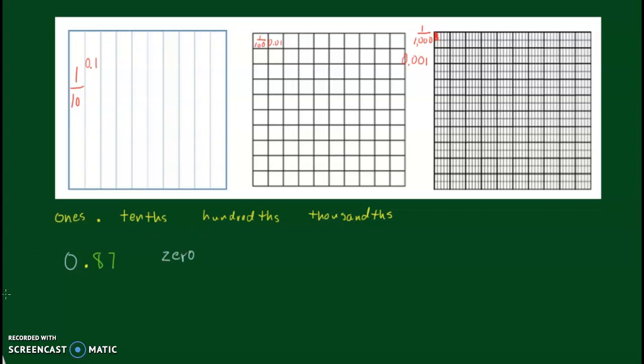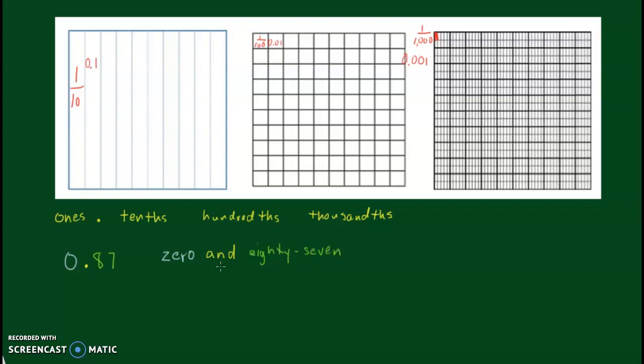When we're saying numbers correctly mathematically, we don't say point at the decimal point. We say and. So we have 0 and. Then we say the number after the decimal point, which is 87. I'm going to put my hyphen in there.